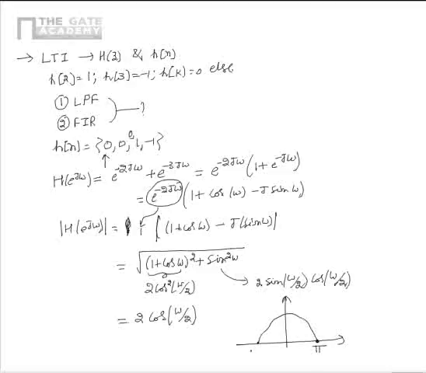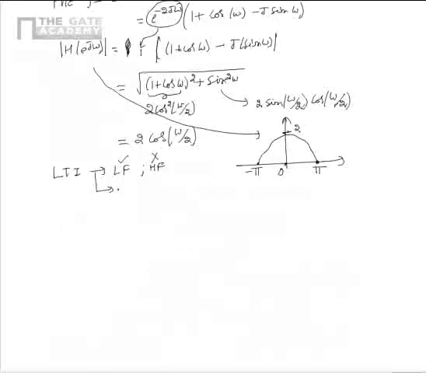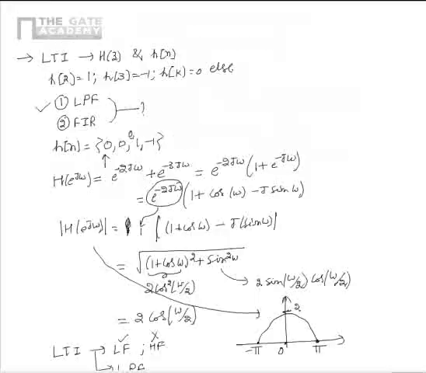It has a value of 0 at pi and minus pi and it has a value of 2 at omega equal to 0. From this we see that the given LTI system passes low frequencies and attenuates high frequencies. From this we can say that the given system is low pass filter. So the statement 1 is correct.